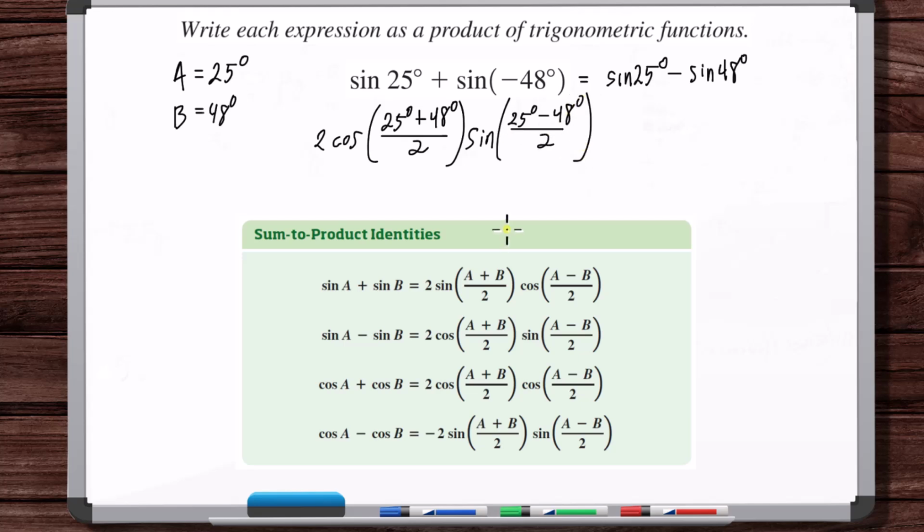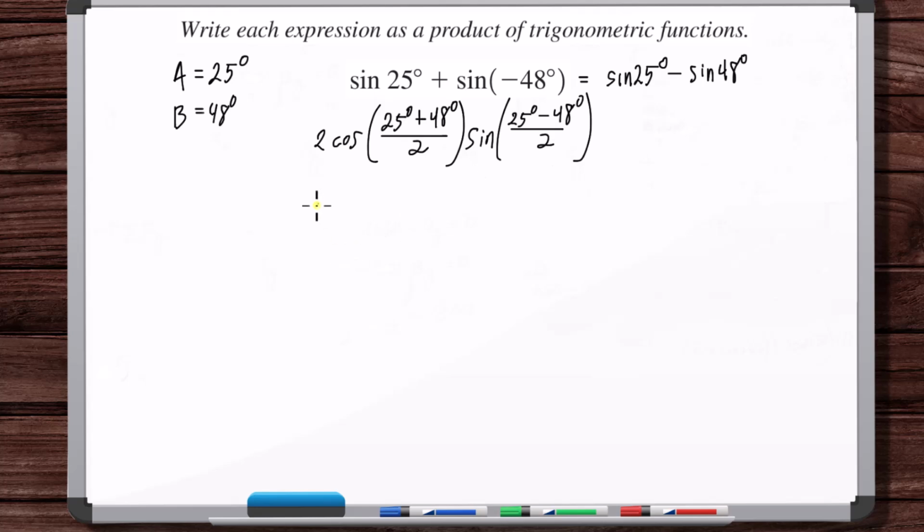Is that right? Yeah. So, okay, 2 cosine of 73 degrees divided by 2, and then 25 minus 48, that's minus 23 degrees divided by 2.